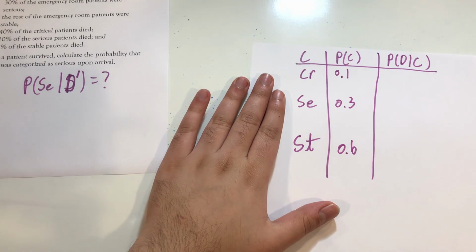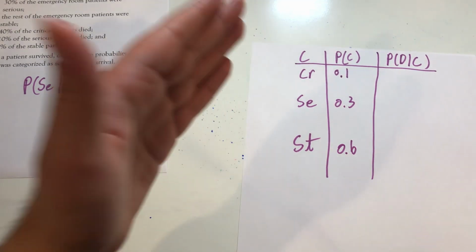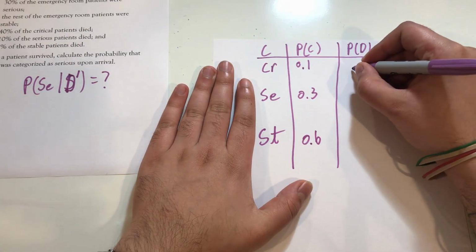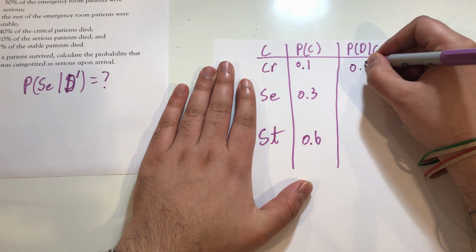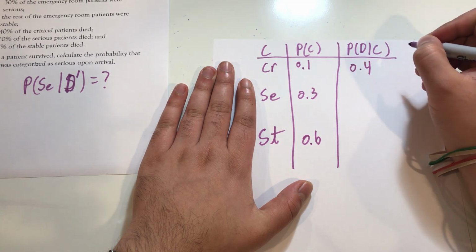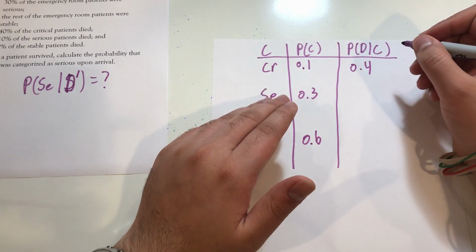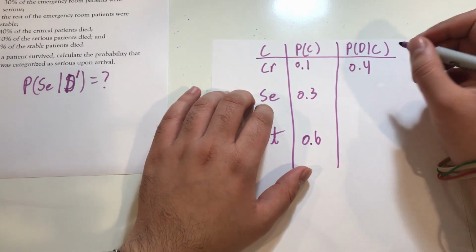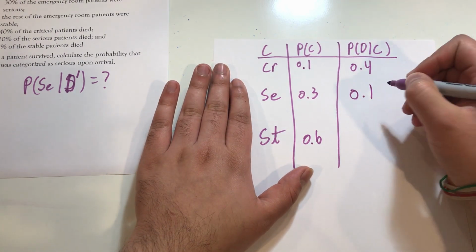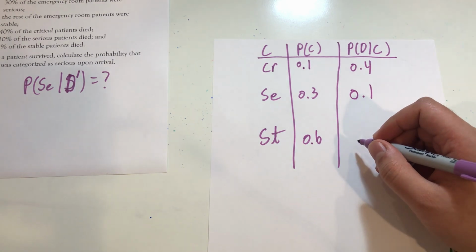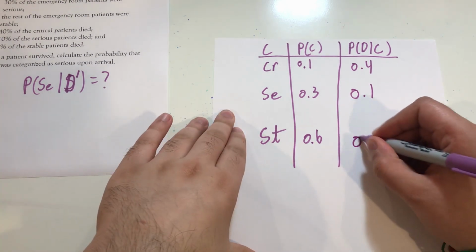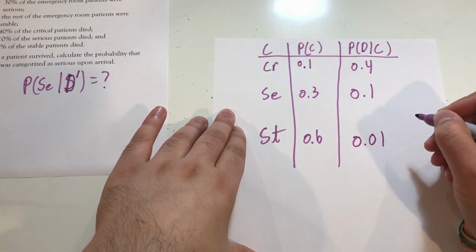So given that you were a critical patient, the probability that you died was 0.4. Given that you're a serious patient, the probability that you died was 0.1, and given you were a stable patient, the probability that you died is 0.01.